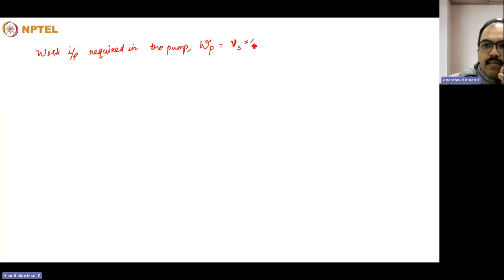So specific volume multiplied by delta P will give us the isentropic power input, but the actual power input will be higher than the isentropic power. So we have to divide it by the isentropic efficiency.